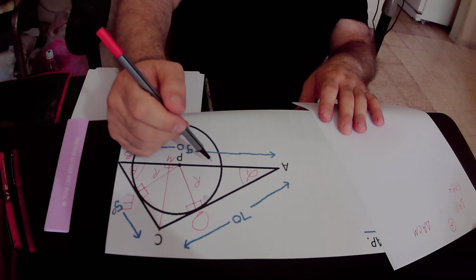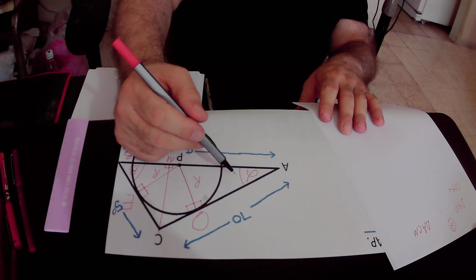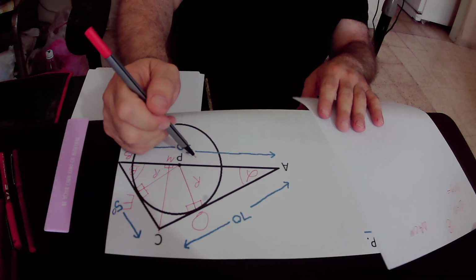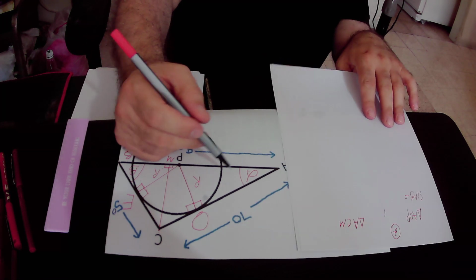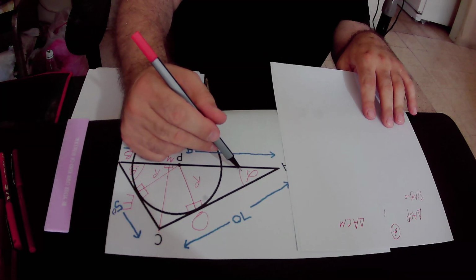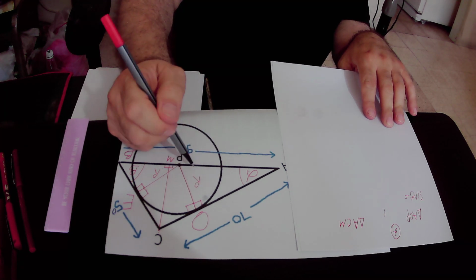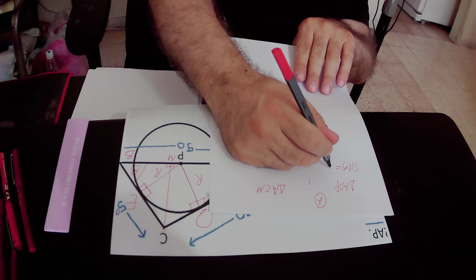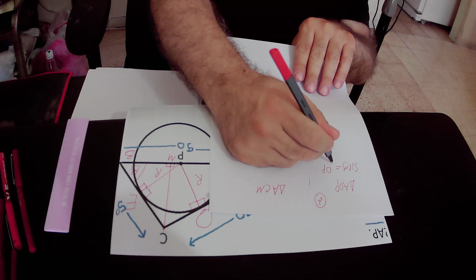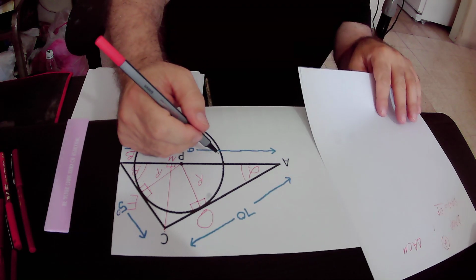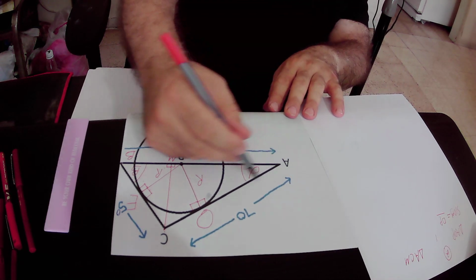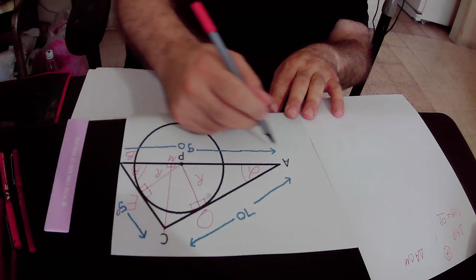So sinus alpha will be OP, the side that is in front of angle alpha is OP, divided by the hypotenuse of triangle AOP.